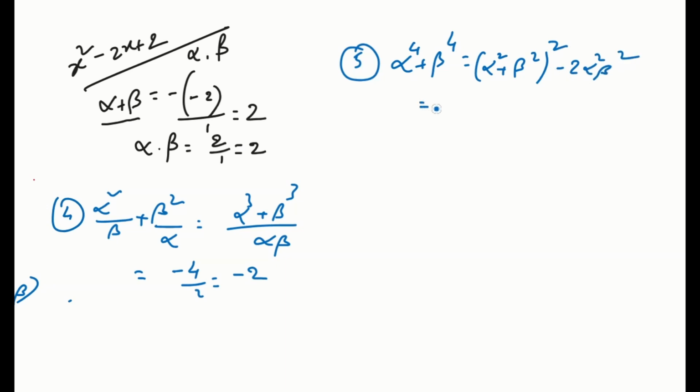Right? So considering alpha square plus beta square is 0, minus 2 into, alpha beta is 2, 2 square, that's nothing but minus 8. So alpha to the power of 4 plus beta to the power of 4 equals minus 8.